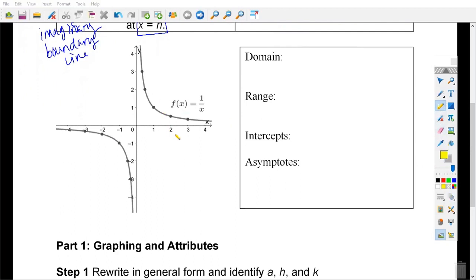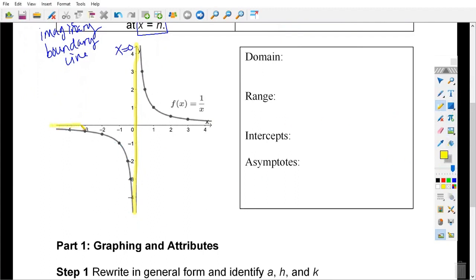But we're going to highlight our asymptotes. So our vertical asymptote, a lot of people get confused and they want to say it's at y equals. But vertical means that it's going to be in x. So this is at x equals 0. That's our vertical asymptote. Notice how as our function gets close to it, does it ever cross it? No.